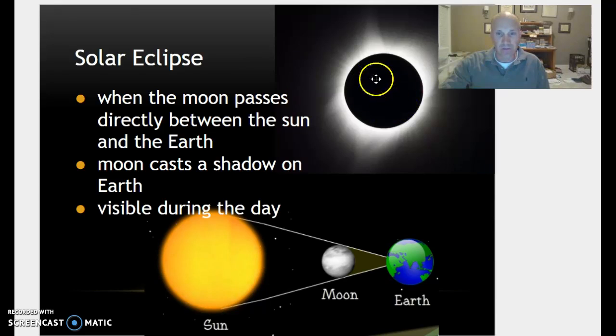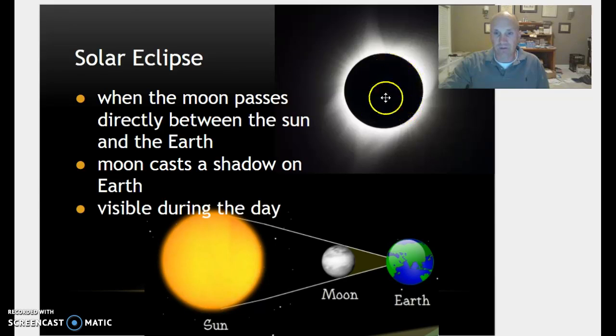One of the things I want to point out about this image is one of the layers of the sun that we talked about before, a layer called the corona. If you see this bright glowing area right here, you can't normally see that, because the photosphere, the part you normally can see, is so bright that it drowns out the light given off by the corona.